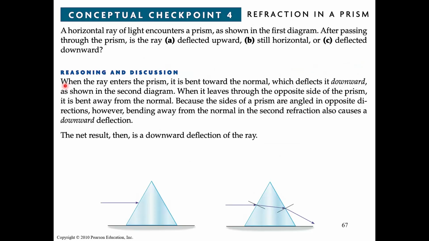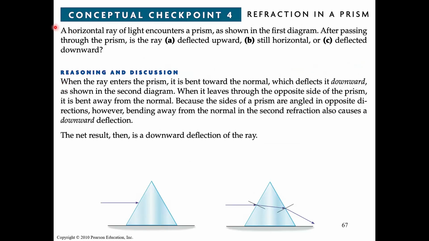Okay. So here's a problem. A horizontal ray of light encounters a prism, and after passing through the prism, is the ray deflected upward, still horizontal, or deflected downward? Okay.